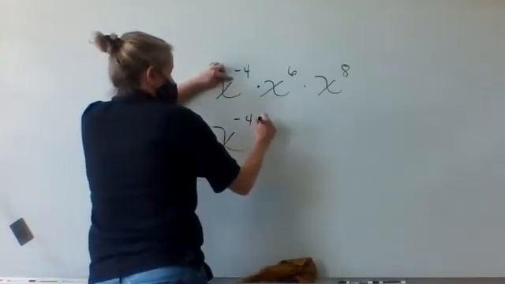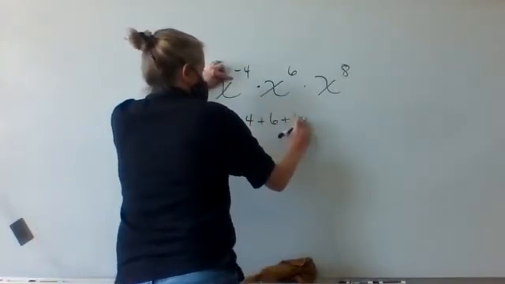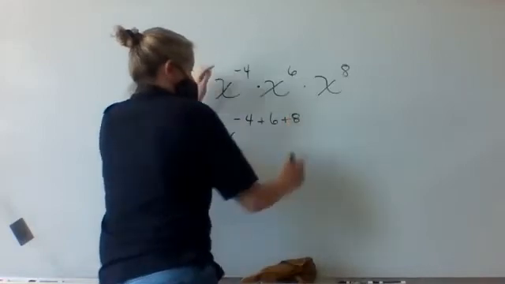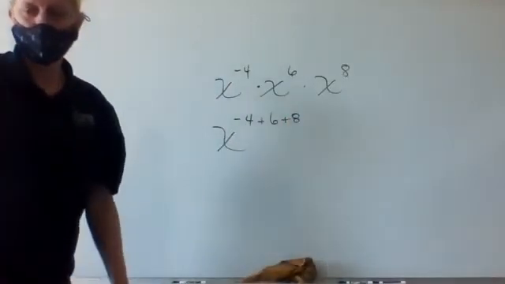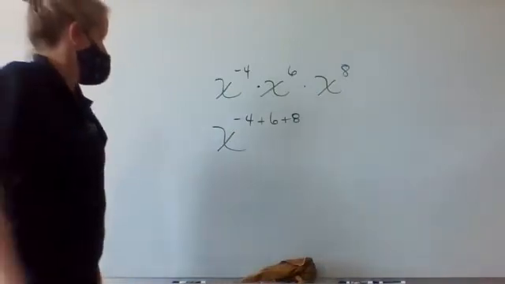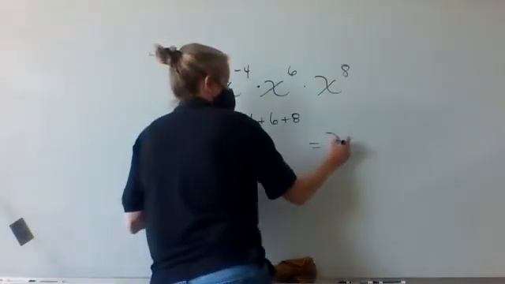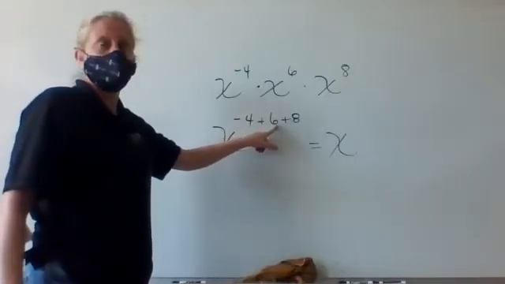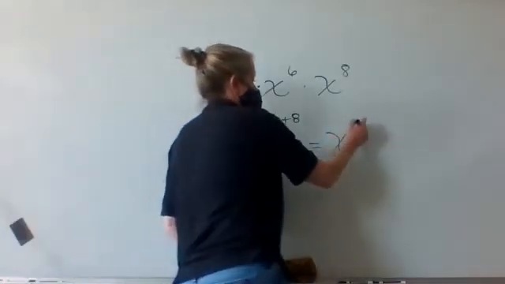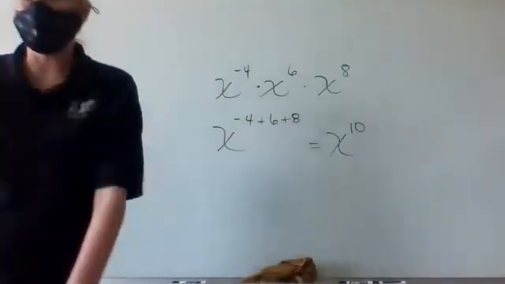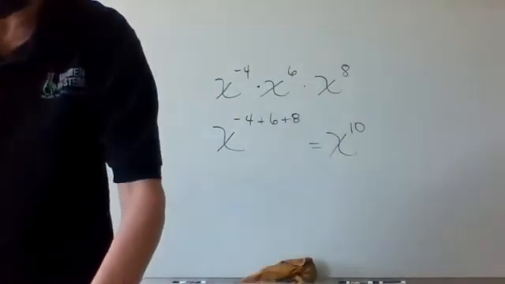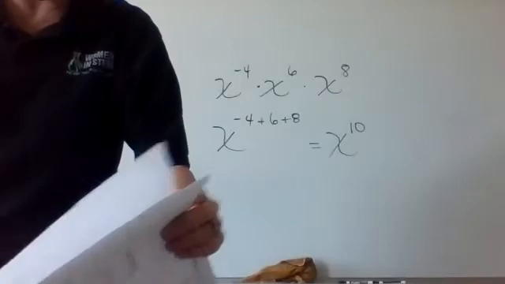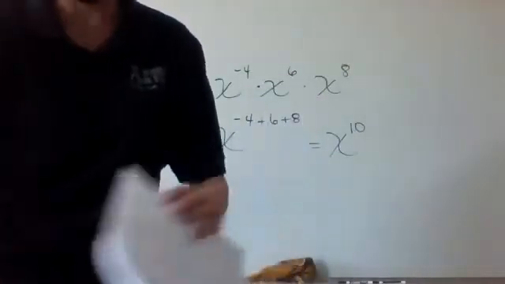So I have -4 plus 6 plus 8, which gives me x to what? -4 plus 6 is 2. 2 plus 8 is 10. So it didn't end up with a negative exponent that time. Its exponent was positive, which means I don't need to fix anything, right?